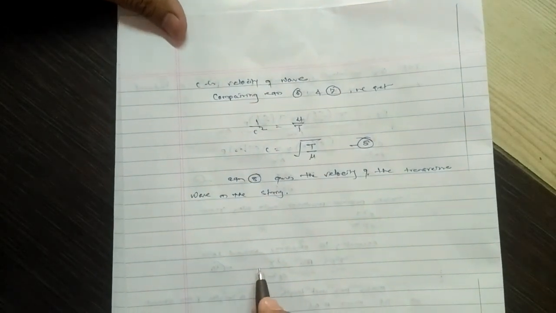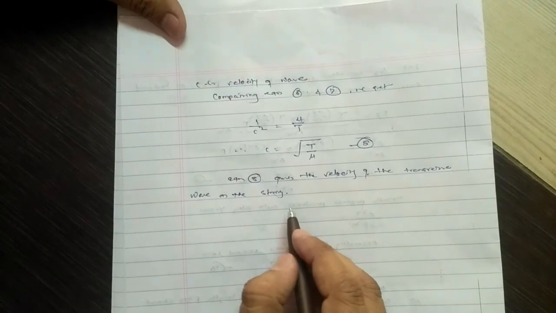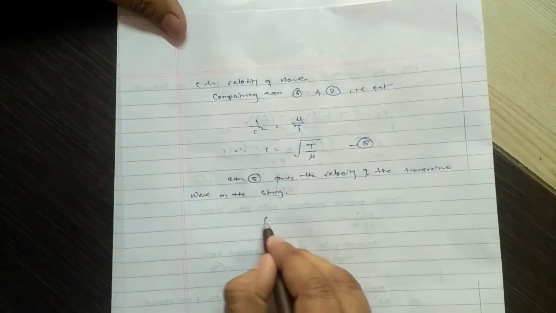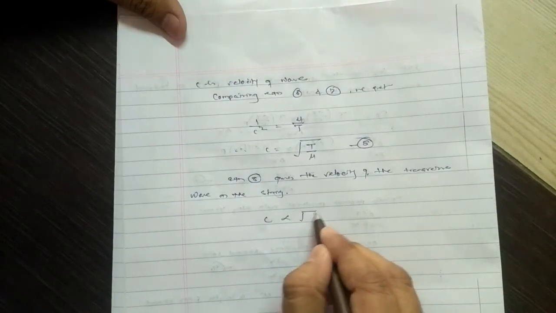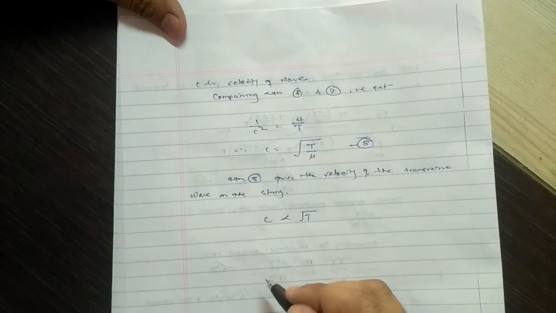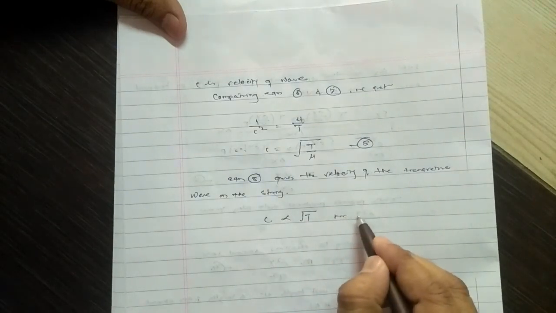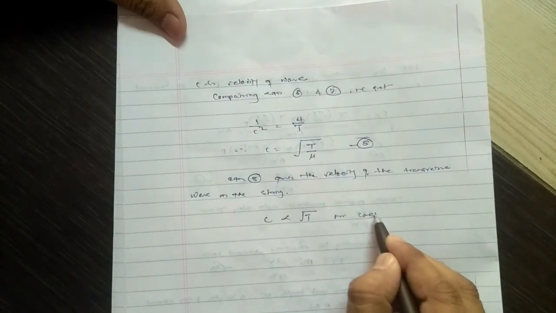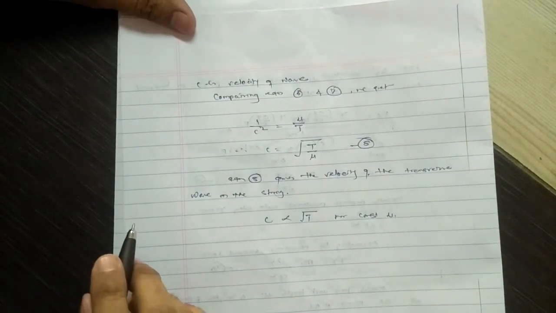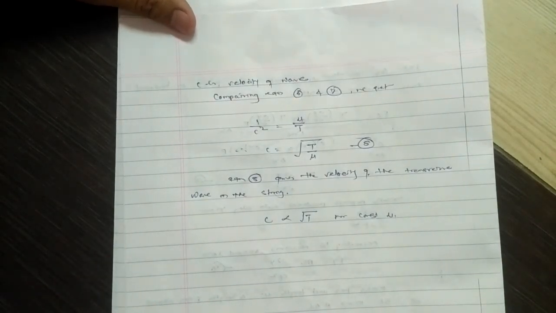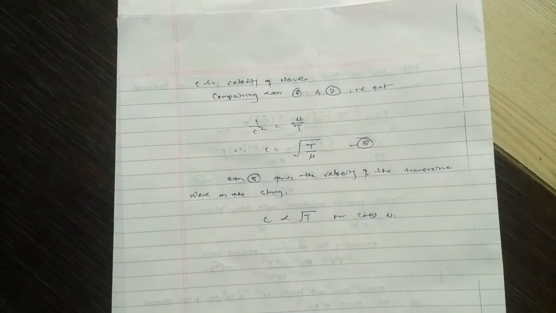And equation 8 shows that c is directly proportional to the square root of T for constant mu. This is the equation of the transverse wave.